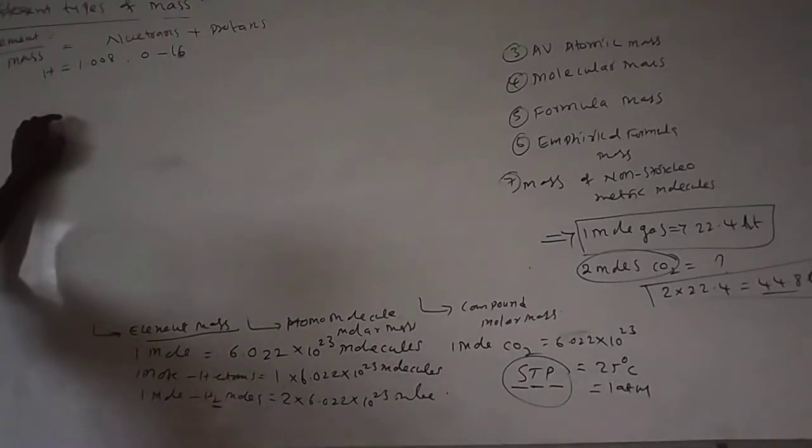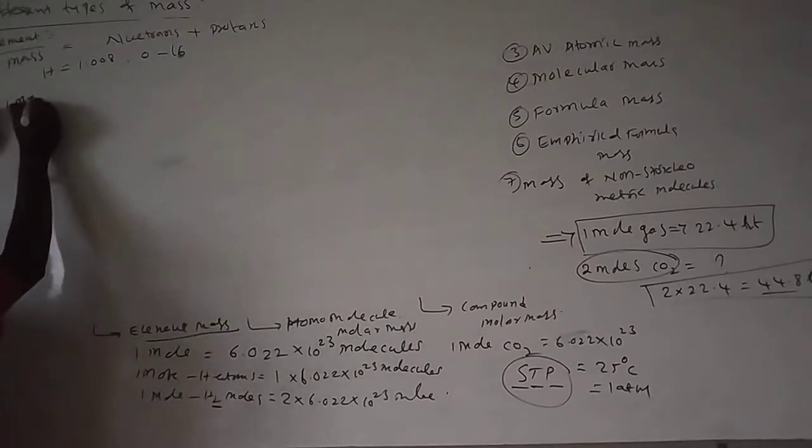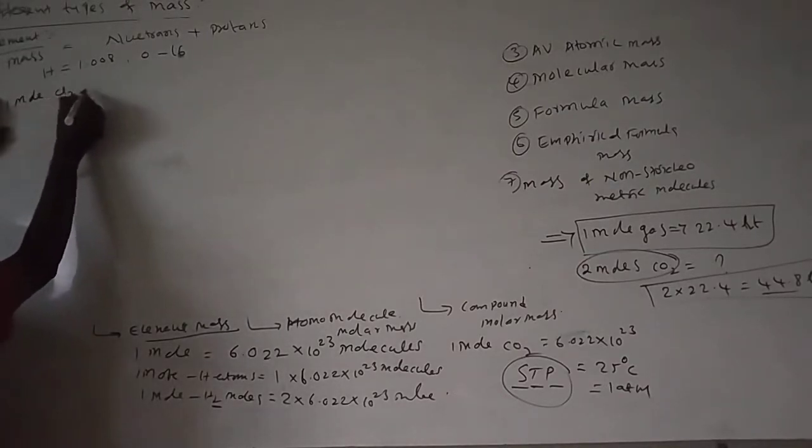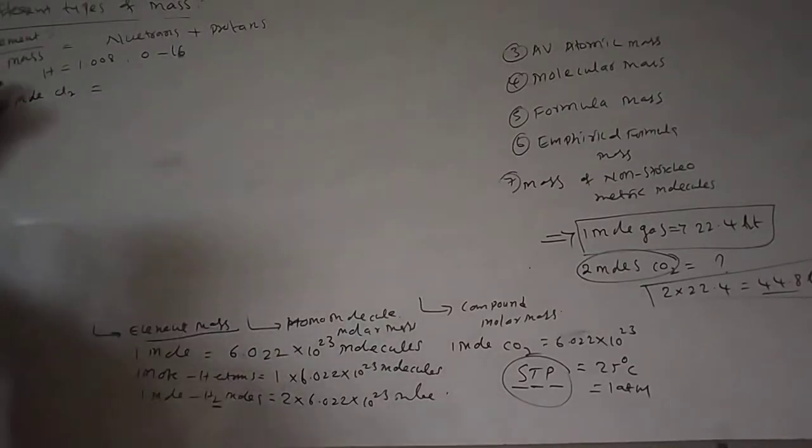Homomolecular molar mass means the mass of 1 mole of chlorine gas. What is the mass of 1 mole of chlorine gas?